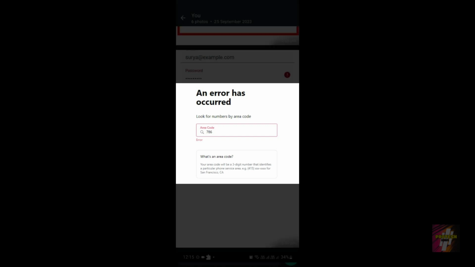So for people wondering, are there no other ways with which we'll be able to rectify these errors? No, there are actually a few methods with which you could solve all of these four errors. Now I won't be going deep into how to solve the errors, but I'll be showing you something.